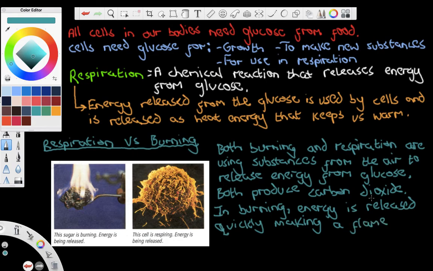And finally we can say in respiration, comma, energy is released more slowly.